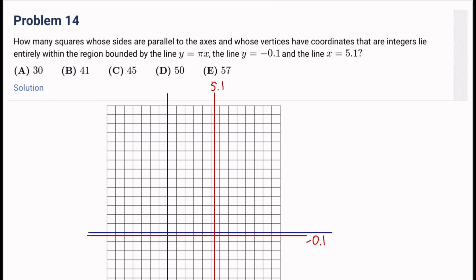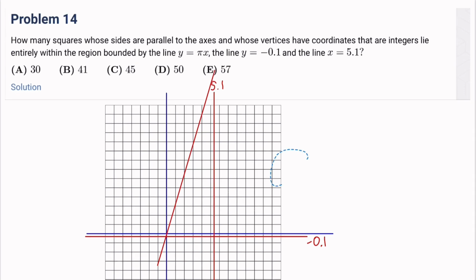For this one, it needs to go through the origin and negative 1 comma negative 3.14, right? And so it will go through here, through the origin, through 1 comma 3.14 and 2 comma 6.28 and everything like that.